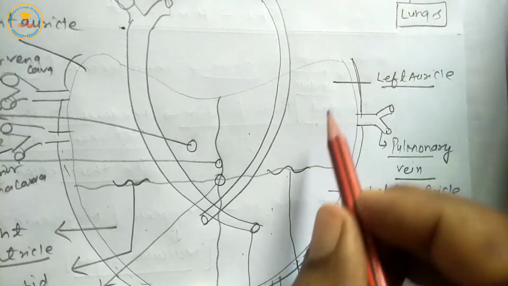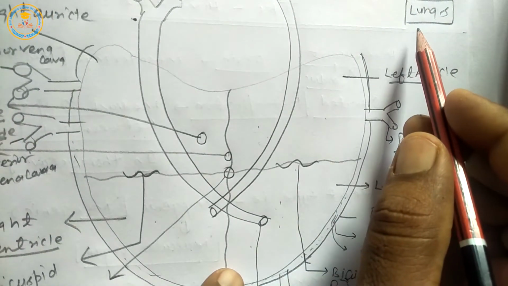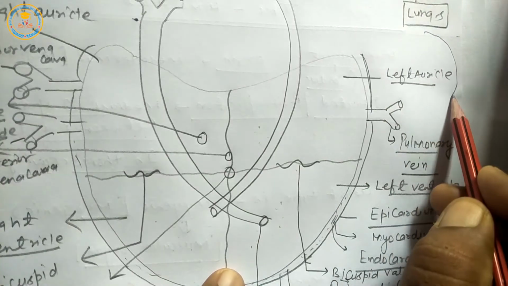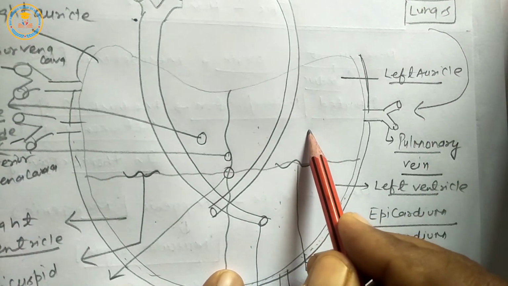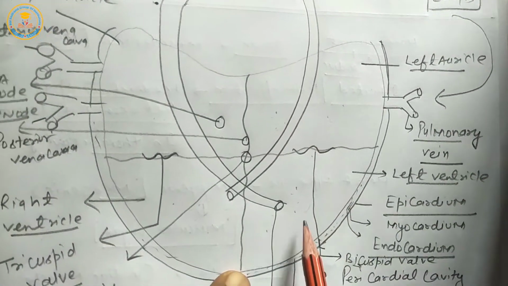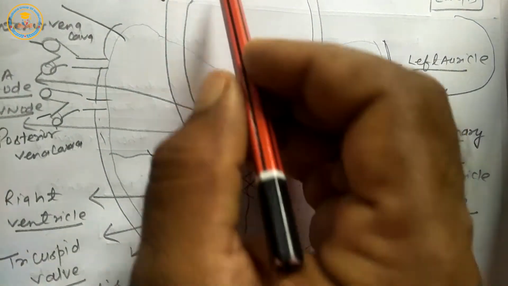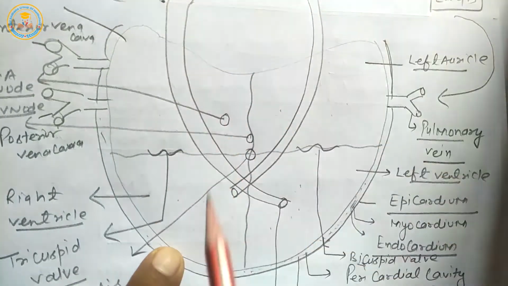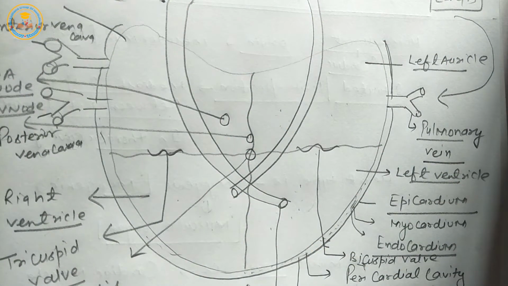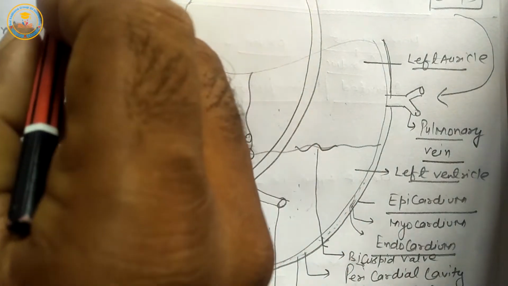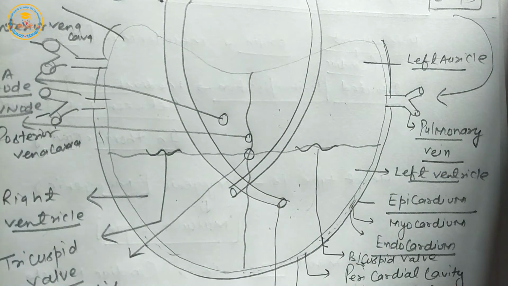In the lungs, the impure blood becomes pure and enters the left auricle through the pulmonary vein. And next, the left ventricle has a specific aorta, the kerotocystemic arch. The kerotocystemic arch transports pure blood from the left ventricle to the arteries and the complete body.